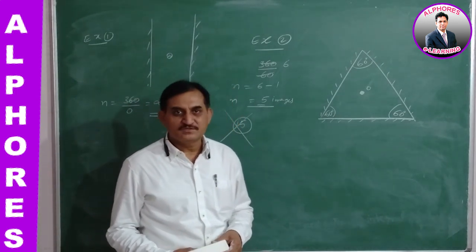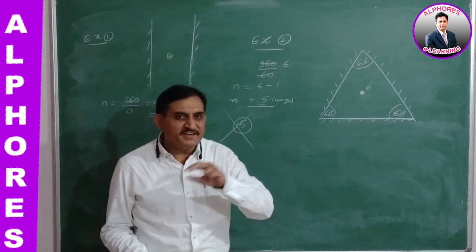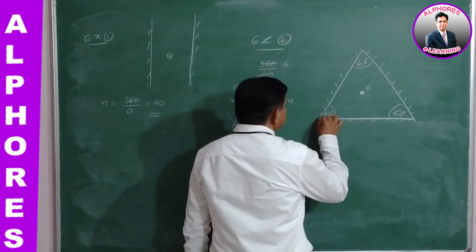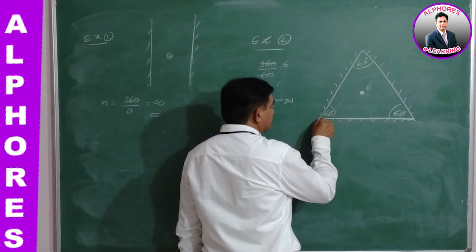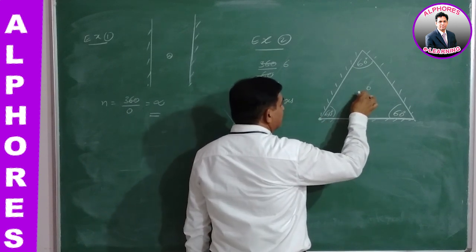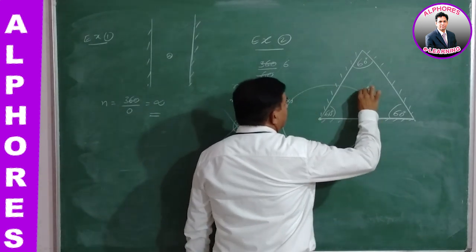So why don't we use this concept over here? It is applicable everywhere. Therefore, here let us imagine the point of intersection of two plane mirrors taken as center, and the object is also on the circumference. Therefore, imagine a circle over here.